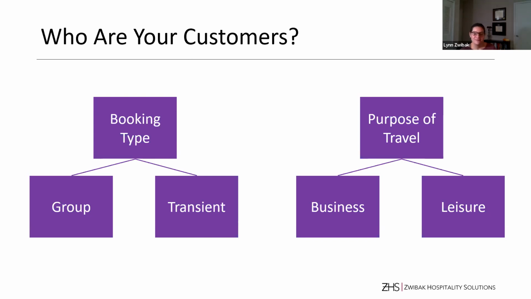It's probably a combination of both. You probably have a market segment for OTA business, and one for leisure business and retail business, a mishmash of different purposes of travel and booking types. And you probably have a lot more than 2 or 4. But however it is broken down, that's how you want to think about those different price points.